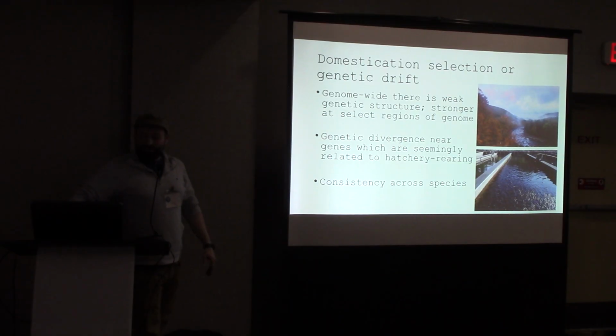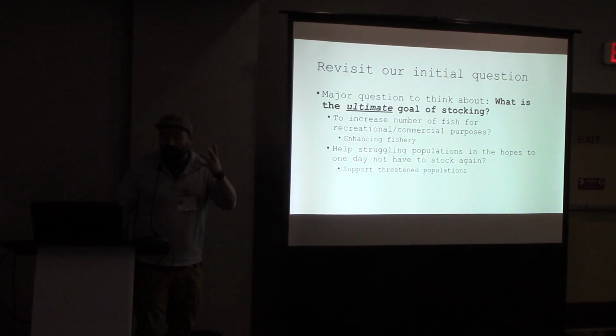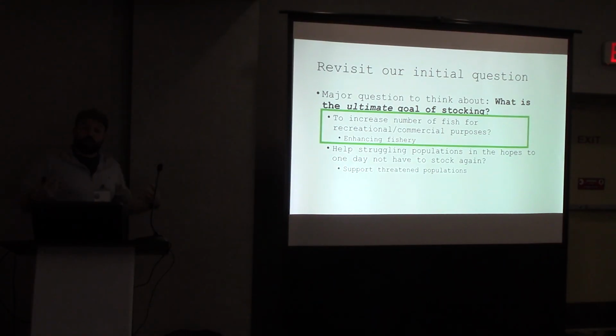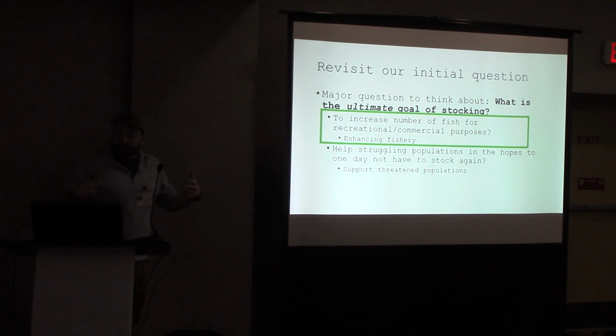Consistency is interesting, right? So, just to revisit our initial question here, what is the ultimate goal of stocking, right? If we just want to throw a bunch of fish in the water that are available to be caught, that's great. Awesome, we're successful at that, right? You throw 10,000 trout in the river, they're going to be there, right?